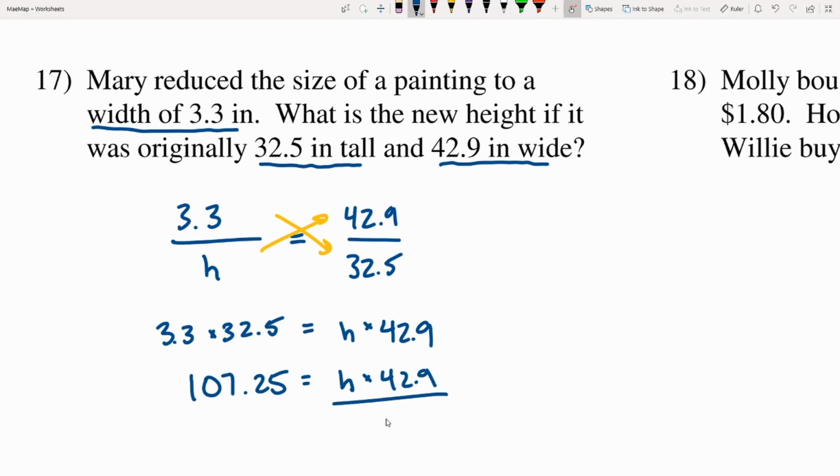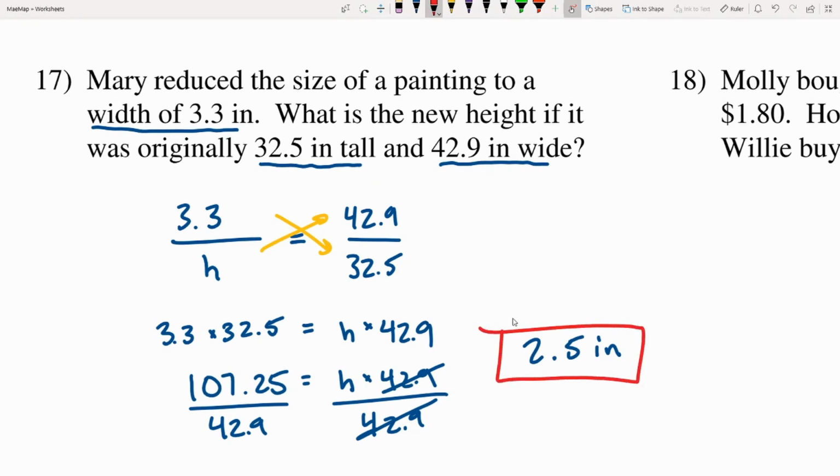But in order to isolate the H, I need to divide by 42.9. So now I know that my height is going to be 107.25 divided by 42.9, which gives me 2.5 exactly. So 2.5 inches is my new height of the painting after it was reduced. So again, that's 2.5 inches for number 17.